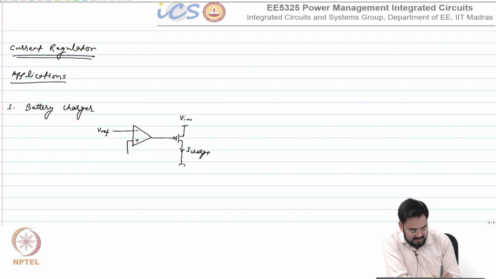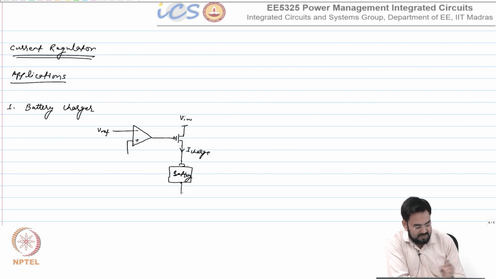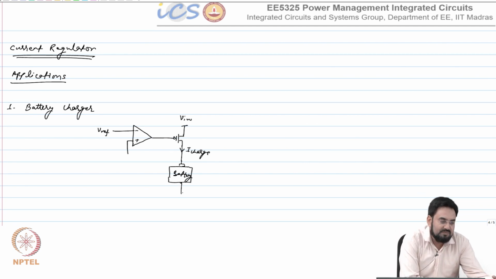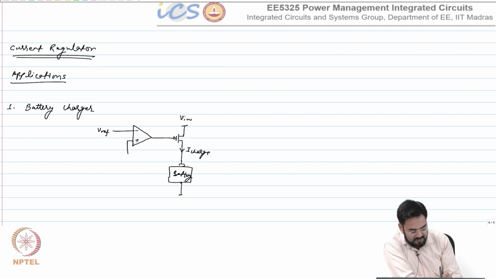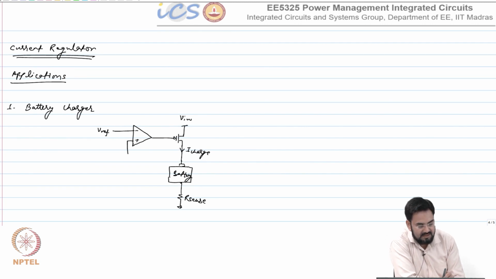Now let's say this is your battery. So now since your reference is mostly a voltage reference, I need to convert this current into a constant voltage and compare that. So all I need to do is put a sense resistor, and most of the time this is external, off chip, because we need a very accurate sense resistor.